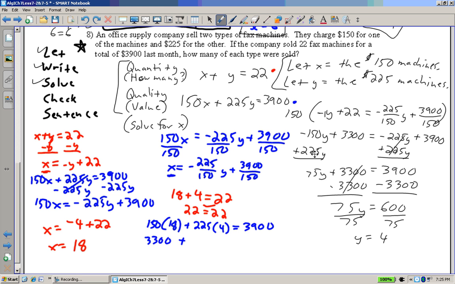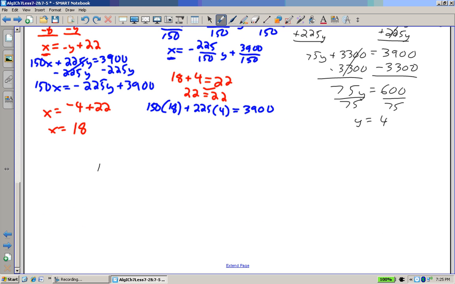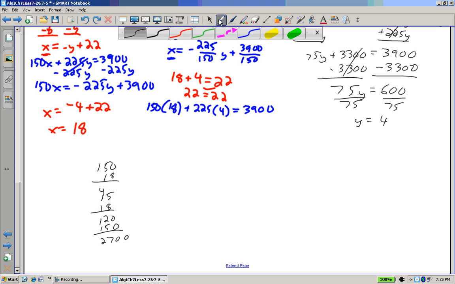I only know that because we had done that calculation a little bit earlier. Right here, 150 times 22. Ooh, never mind. 150 times 18. Well, I'm going to do 15 times 18 instead, and add a 0 later. So that's 2,700. Oops. Plus 225 times 4.